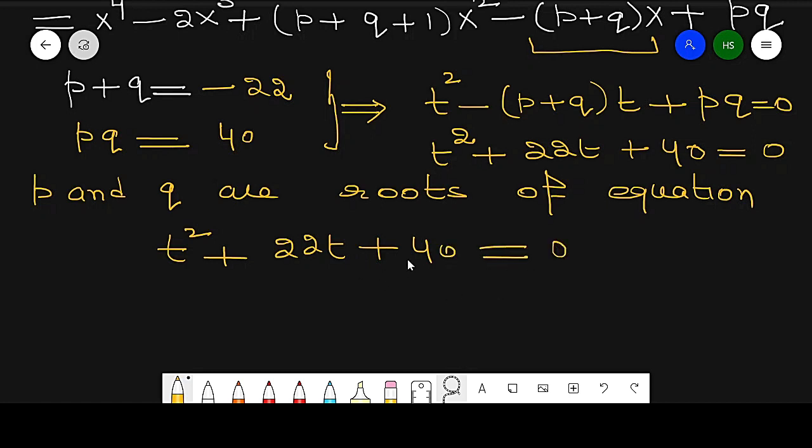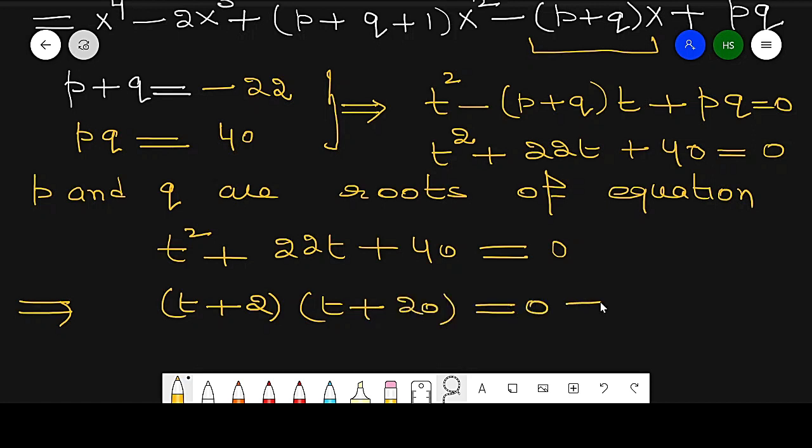So clearly we can write it as t plus 2 and t plus 20 equal to 0. So what we get? We get the values of t: minus 2 and minus 20.